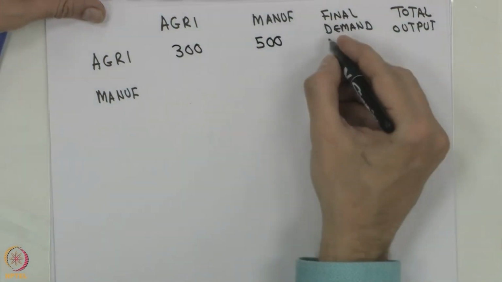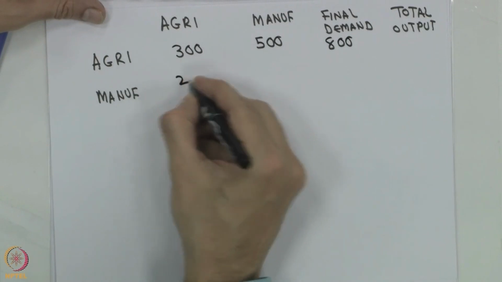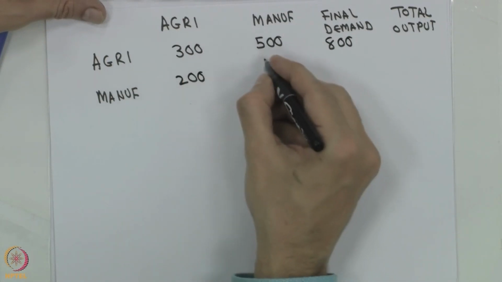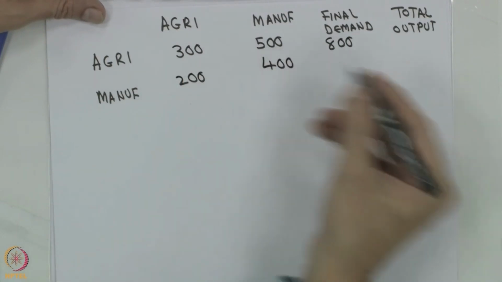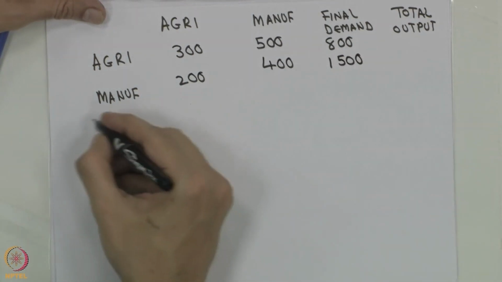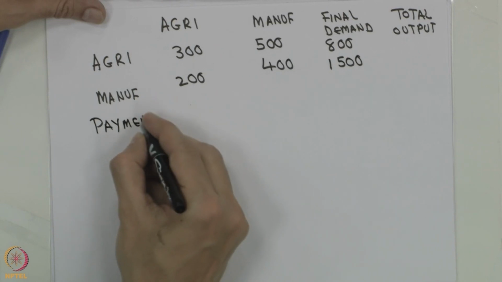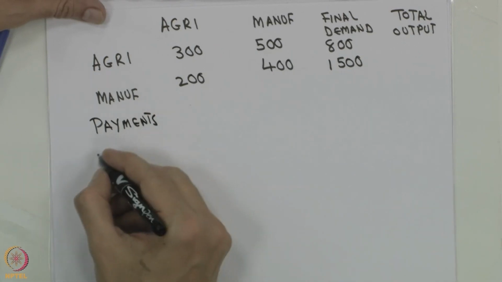So we had 300, 500, 800, 200, 400, 1500, and then you have the payment sector, and then the total.